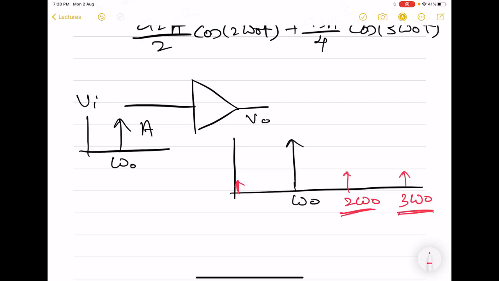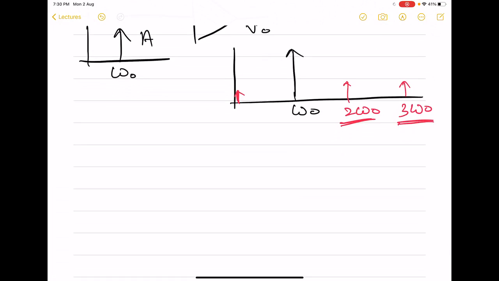So one can then ask, is there any way of getting rid of these components? Fortunately, at least for the even order terms, there is a way of getting rid of their effect. So now let us consider a differential amplifier. Suppose instead of a single-ended amplifier, we take a differential amplifier.